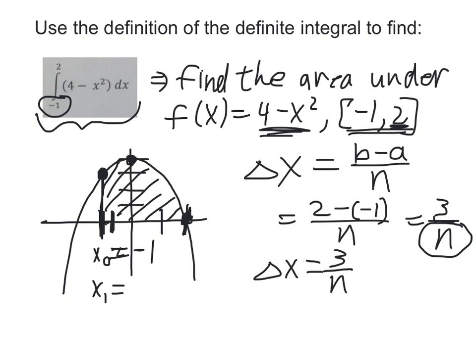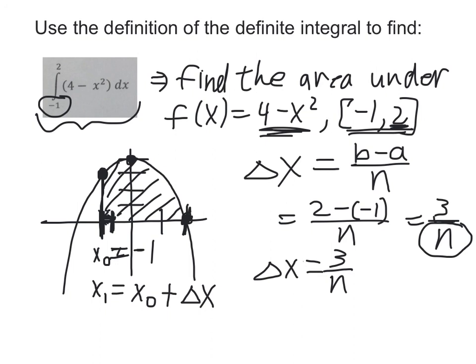x sub 1 is going to be x sub 0 plus, well, what's the width in between x sub 0 and x sub 1? That's our delta x.